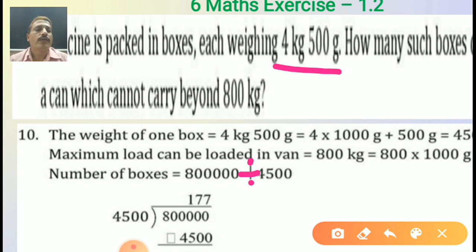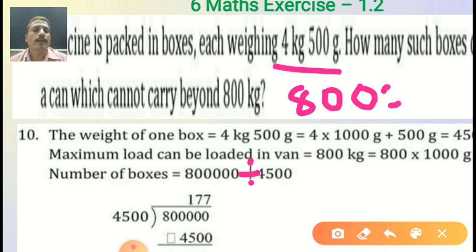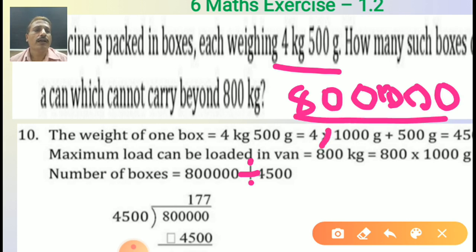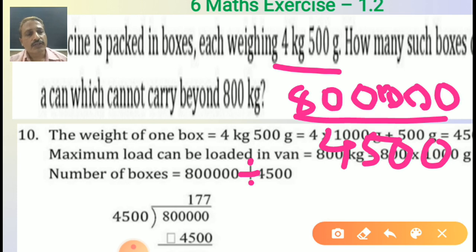You can write the division method like this way also. 8 lakh. How many zeros in a lakh, student? 5 zeros. Okay, very good. And divide by 4500. This is also the division method, numerator and denominator side.